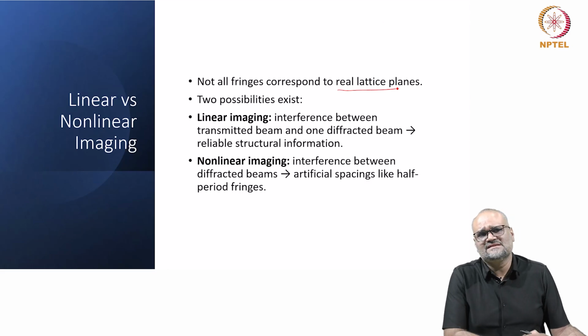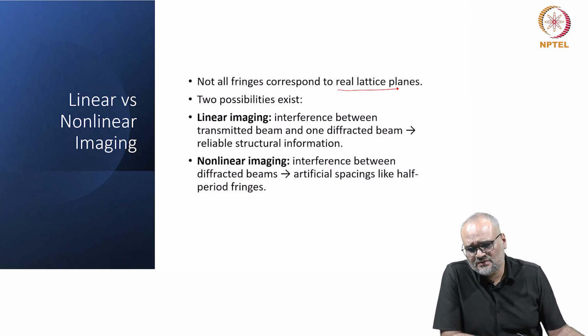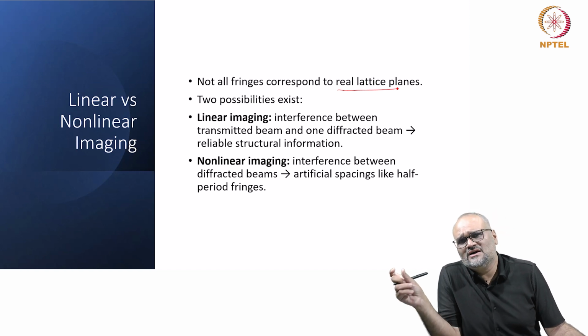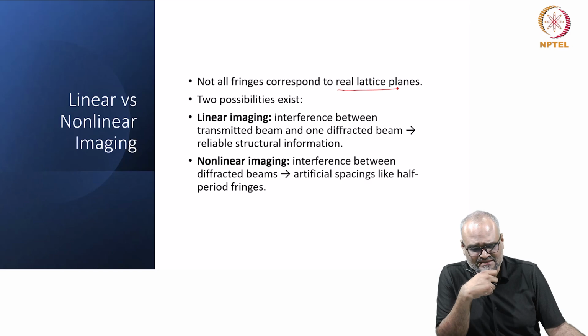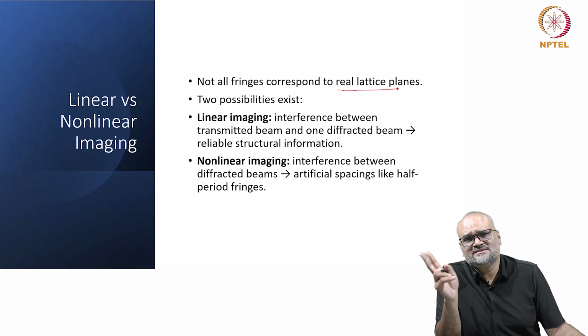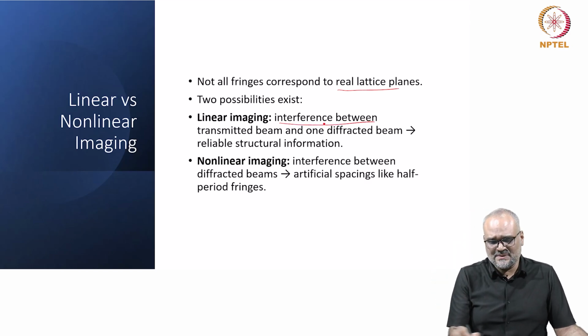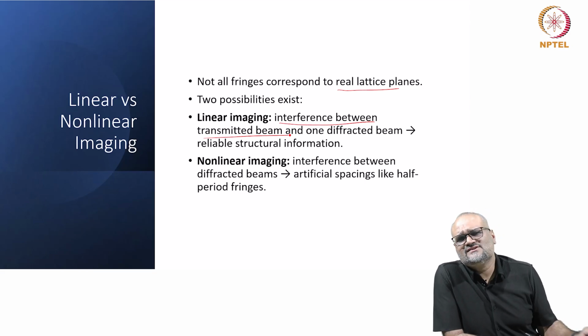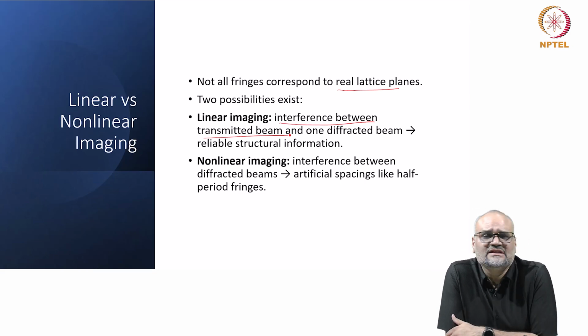I will give you an example when I show you the concept of the reciprocal lattice vectors and relate the lattice spacing to the modulus of the reciprocal lattice vector as well. There are two possibilities. One is the interference between the forward scattered transmitted beam and, assume, only one diffracted beam for the time being.